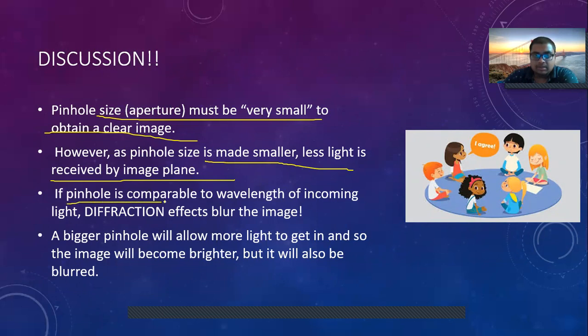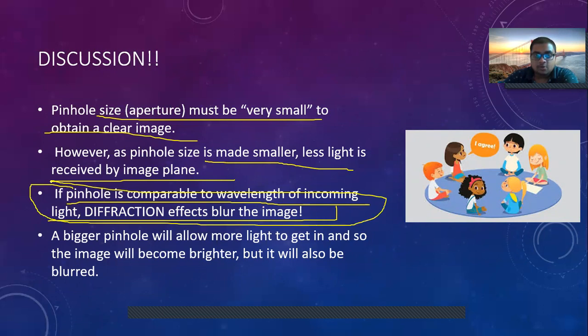And if the pinhole is comparable to the wavelength of incoming light, diffraction effects blur the image. Don't go into that much detail, but if you make the pinhole very small, then the image gets distorted. A bigger pinhole will allow more light to get in, and so the image will become brighter, but it will also be blurred, isn't it?